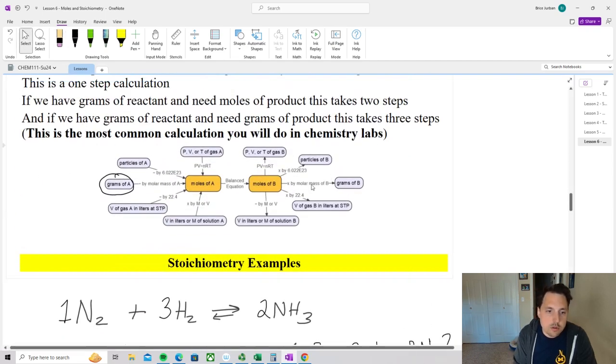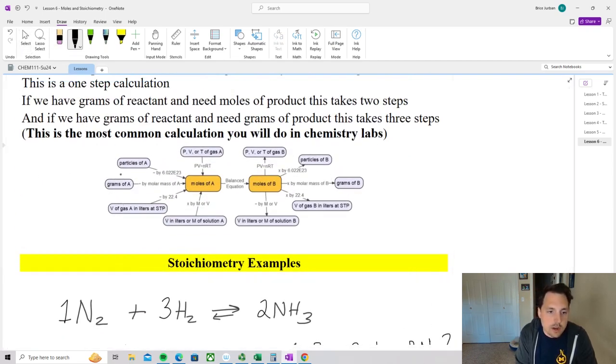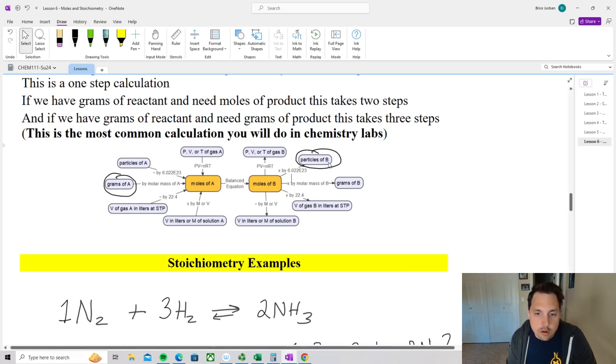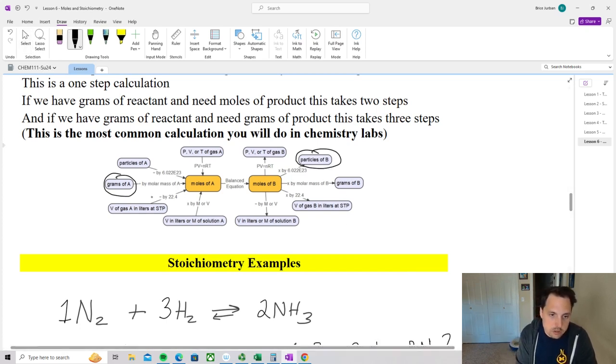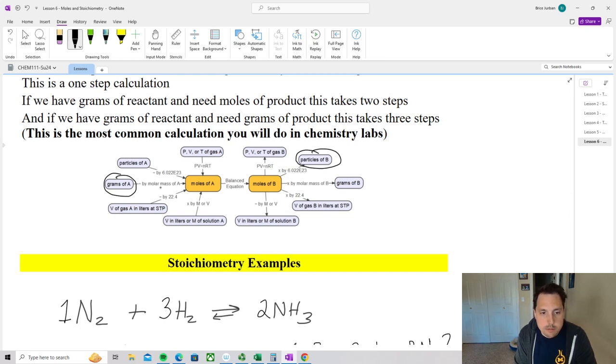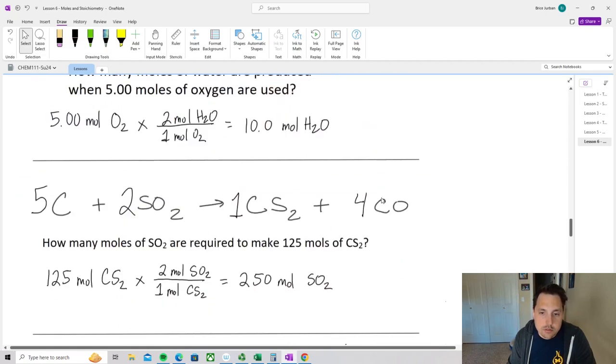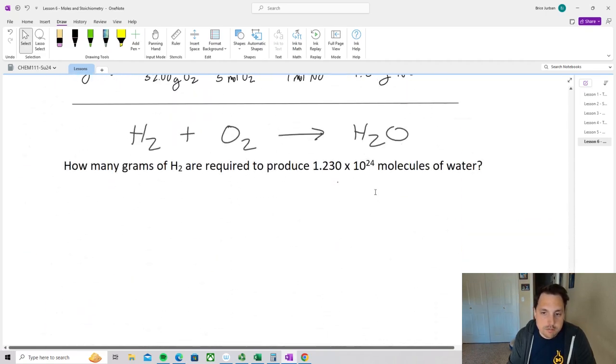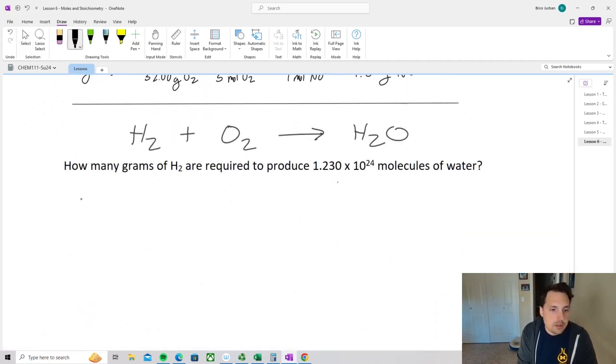All right, so we're starting here with grams of A, so grams of hydrogen, and we want to find molecules or particles. You can think of particles of water, which is B here. So we're going to start by dividing by the molar mass of hydrogen, using the balanced equation, and then multiplying through by Avogadro's number, that conversion factor that we learned at the beginning.